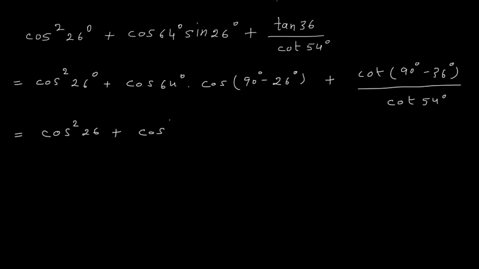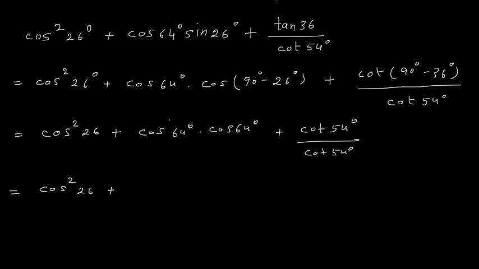Now this is cos 64 and cos 90 minus 26 is cos 64 degree, plus cot 90 minus 36 is cot 54 upon cot 54 degree. So here this is cos square 26 degree plus this is also cos square 64.